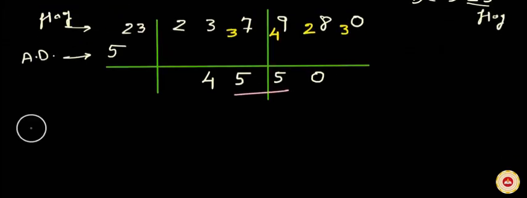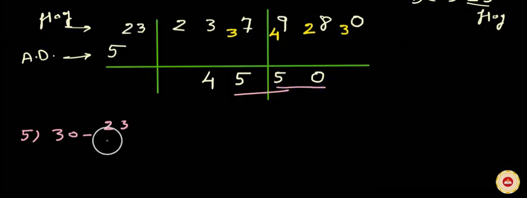So step number 5. Gross dividend 30 minus the two flag digits 2 and 3 and the last two quotient digits 5 and 0. Calculate the cross product of these two columns, first column and second column.